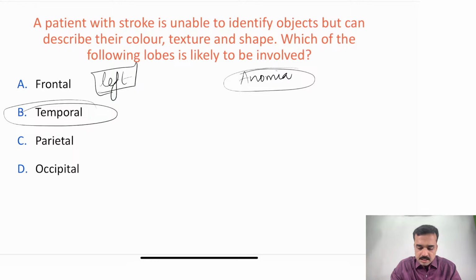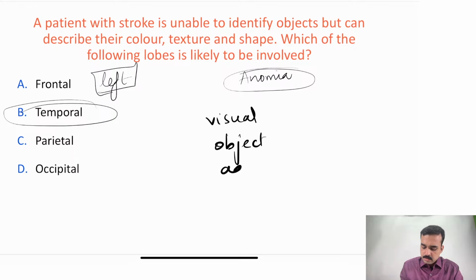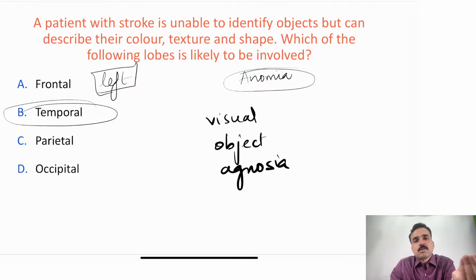Whereas if the question had mentioned that the person is not even able to identify its color, texture or shape, not able to describe it at all, then it would be visual object agnosia. The person is not able to even describe it, nor name it.